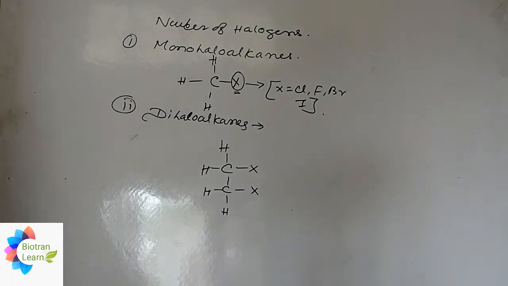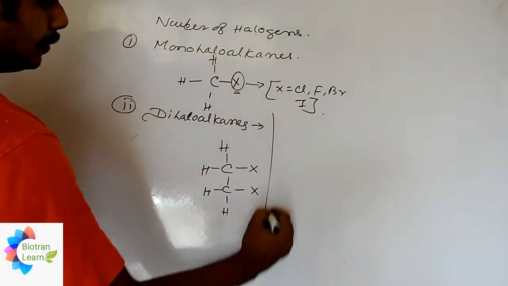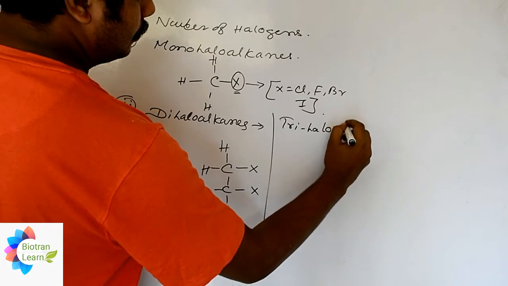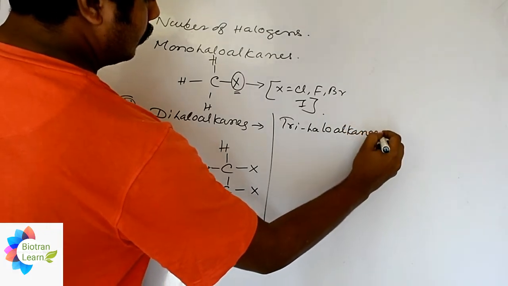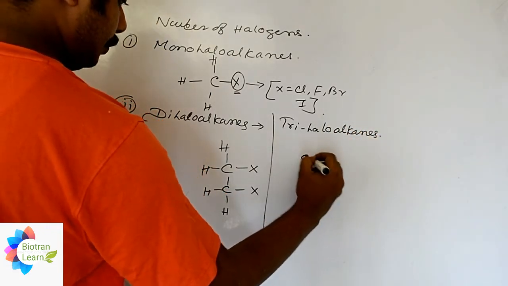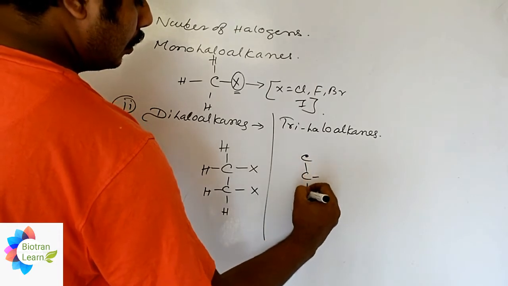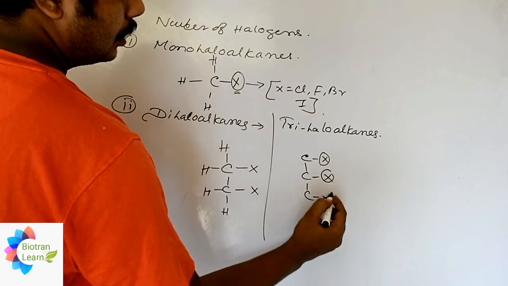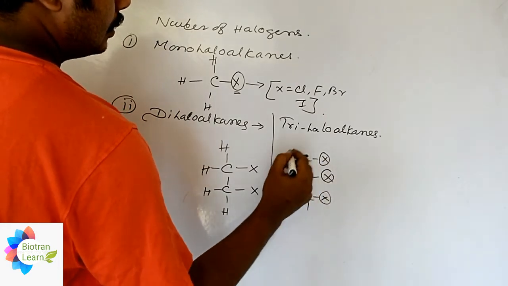Then in case of trihaloalkanes, what we can have, there are three halogens present in these structures.